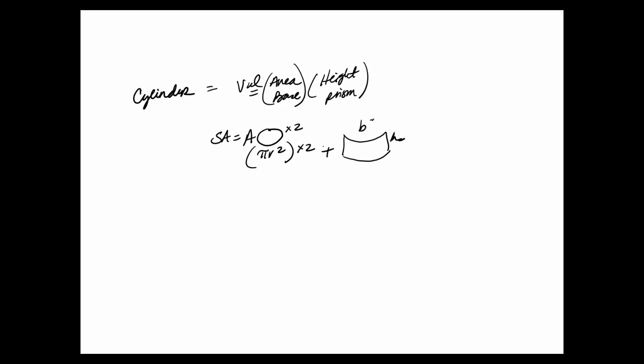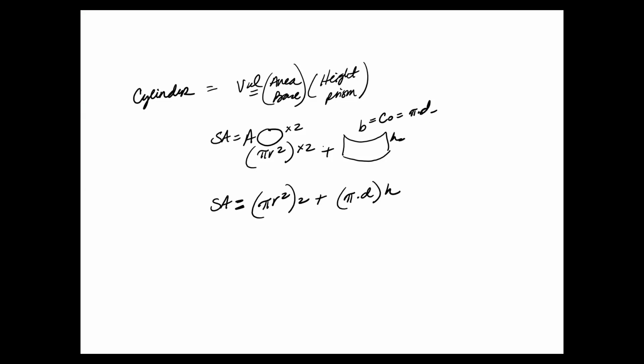But remember the base is the circumference of a circle, which is pi times diameter, and the height stays the same. So the surface area formula is pi r squared times 2 plus pi times diameter times height. Does that make sense? Make sure you copy this one down and memorize it.